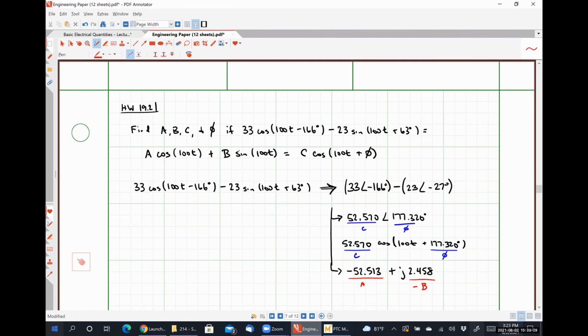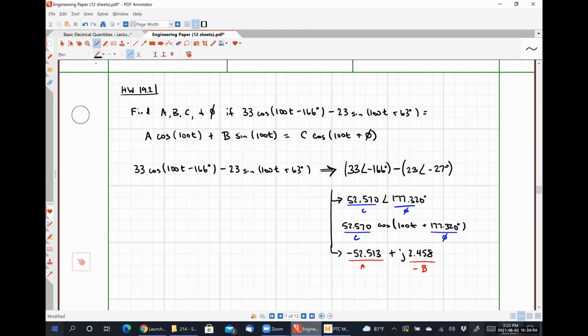So the rectangular form gives us the expression of the sinusoid as a sum of cosine and sine functions with no phase angles, except that the sign on the sine part is flipped. And the reason that happens is because our trig identity says cosine of alpha plus beta is equal to cosine alpha cosine beta minus sine alpha sine beta, right?